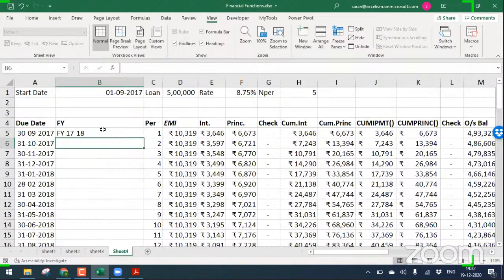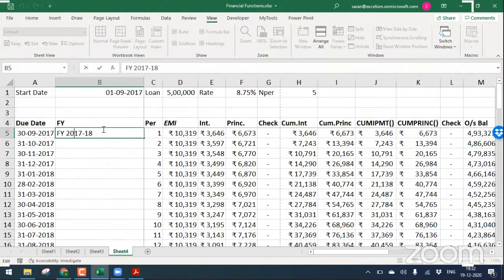Do you agree with me? Or else you can put 2017 and 18. Some people keep it this way, or some people keep 17-18. Let us say 2017-18. Friends, for your information, this is anyway required irrespective of the result. Yes or no? So what I'll be doing, I just keep this in double quotation marks.